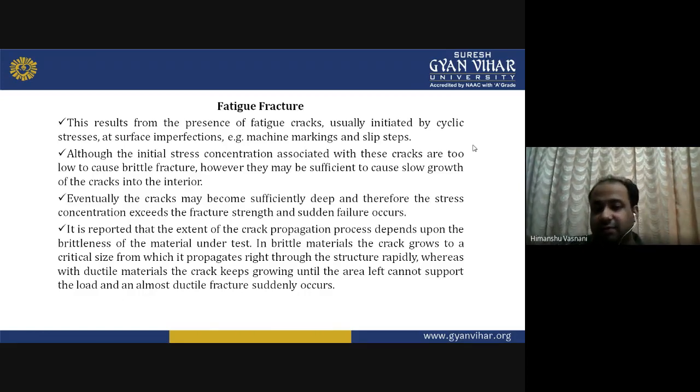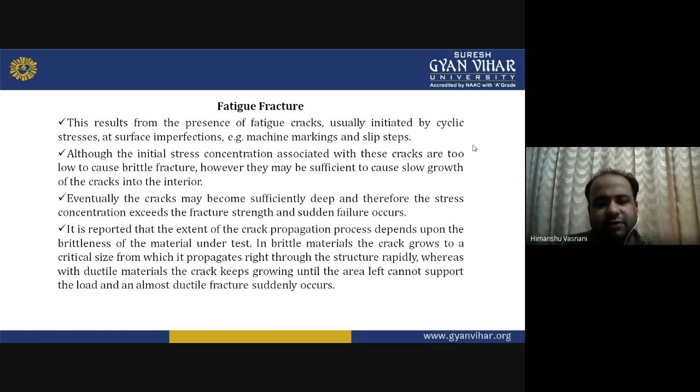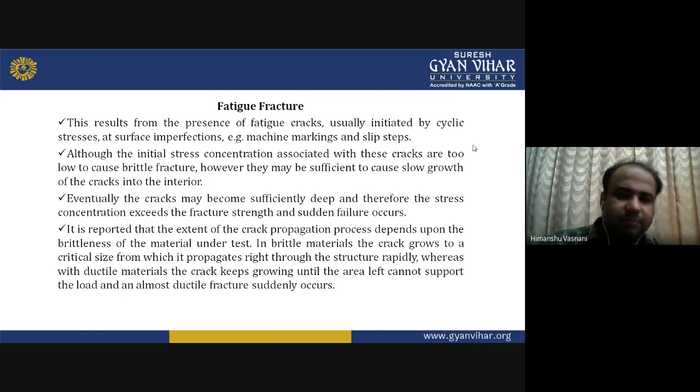Whereas with ductile materials, the crack keeps growing until the area left cannot support the load, and then fracture suddenly occurs. We have discussed ductile materials earlier also.